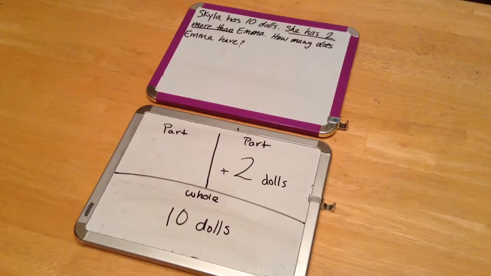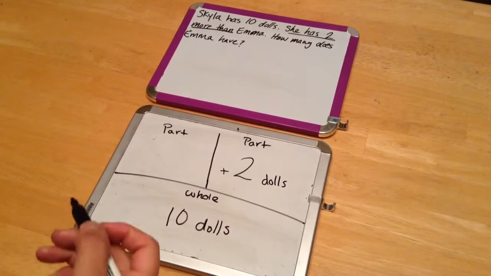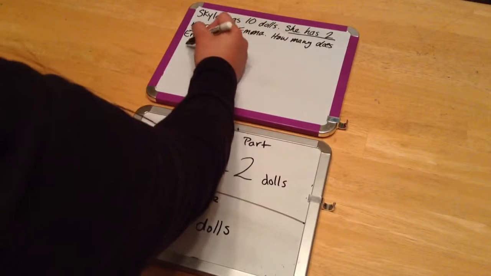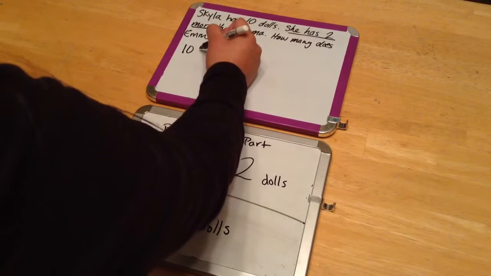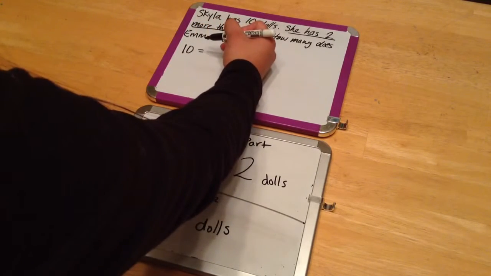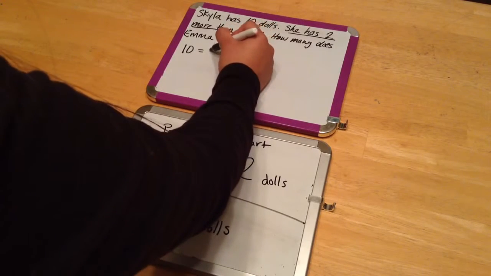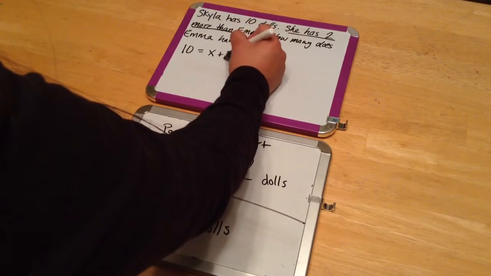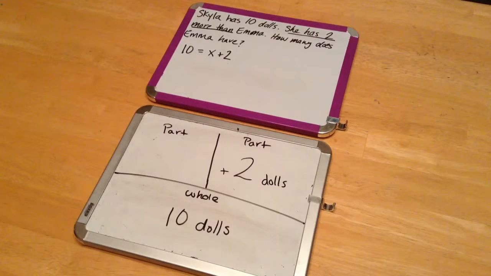Alright, so now we have to find out how many does Emma have. X. Okay, so first we're going to start with the 10. Okay, so that's the total that we're going with. And we have to find out how many dolls Emma has because Skyla has 2 more.